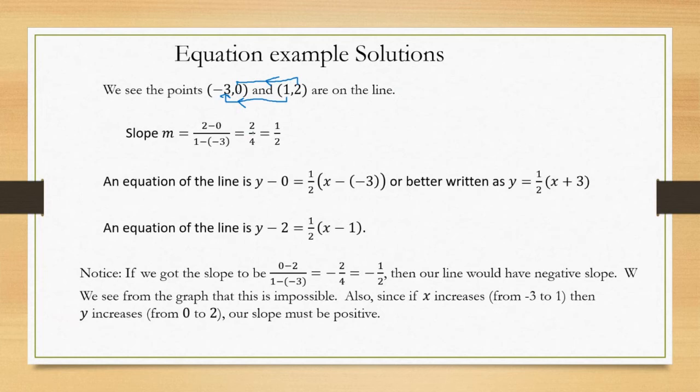Change in y over corresponding change in x. And we get 2 over 4, which is 1/2. The slope had to be 1/2.